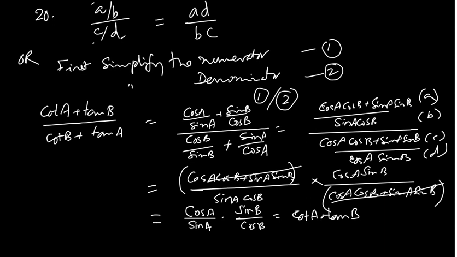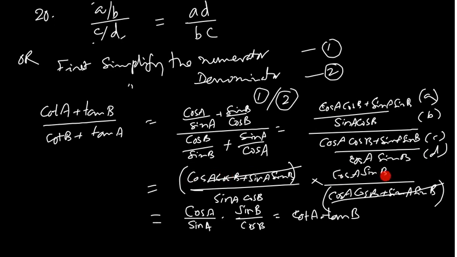So we use this formula AD by BC. So A is this, and D is this. So we put that D here. AD. B is this. C is this. Because both are same, cos A cos B plus sin A sin B, exactly same, so identical.